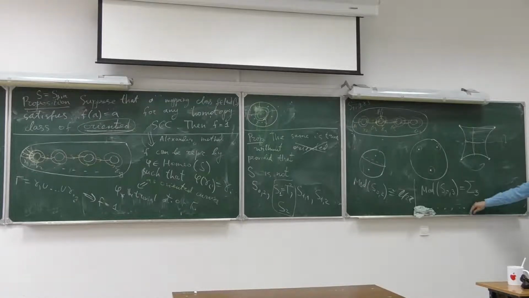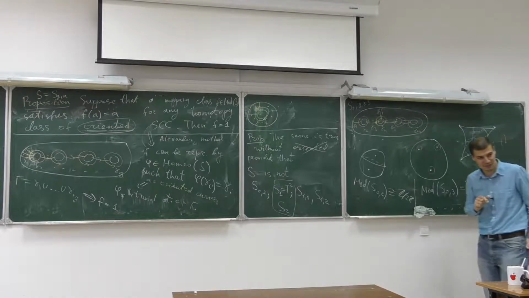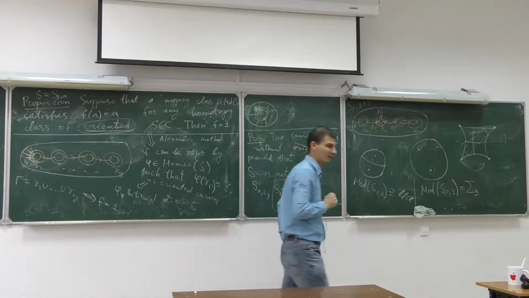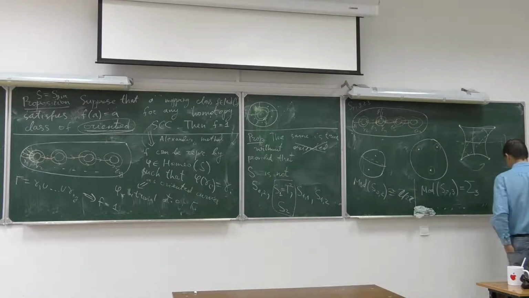It would be wonderful to find a third curve which separates, but this is invisible. We have three possibilities to separate two punctures from another two punctures. But if we consider all three curves, then the Alexander method doesn't work anymore, since any two of them intersect. It is not allowed to do this.